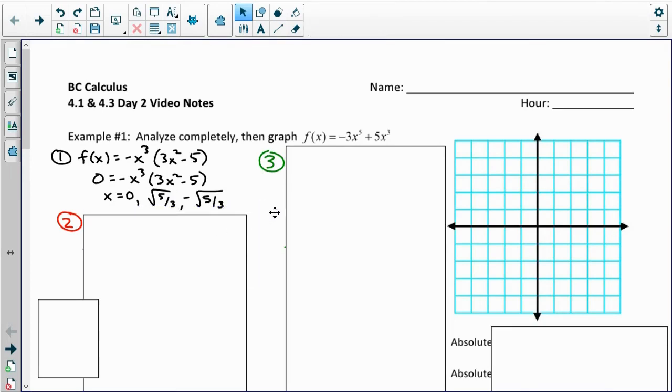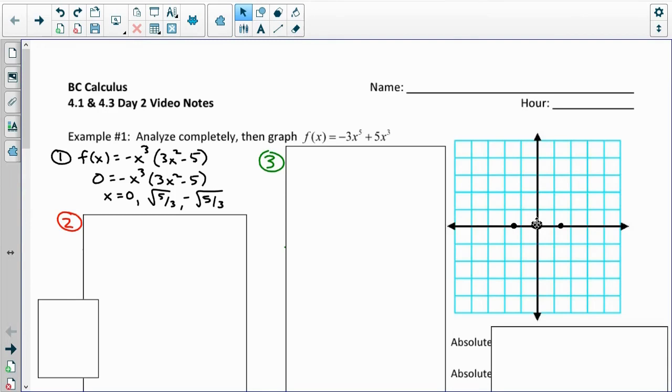So if we take a look at that on the graph, that will look like a 0 value of the function here, and then a little bit bigger than 1 and a little bit less than -1. So that is how we will graph the zeros of that function.